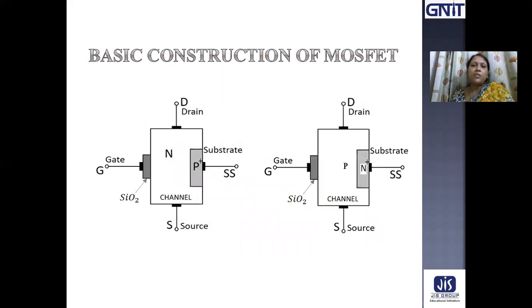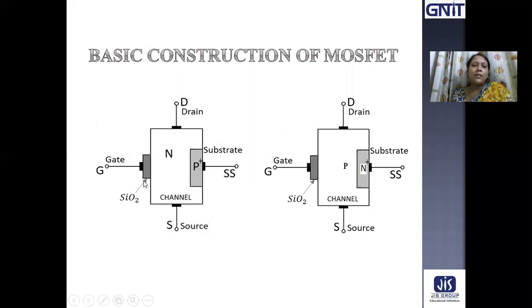So, basic construction of MOSFET. In JFET, we have seen that for an N-channel JFET, the N-channel was there, the gate terminal was there, that is heavily doped, drain, source, gate, both are there, metal contacts are there to take out the contacts.